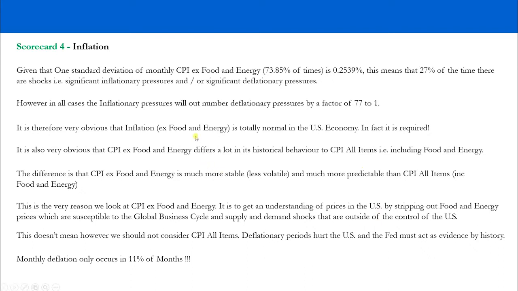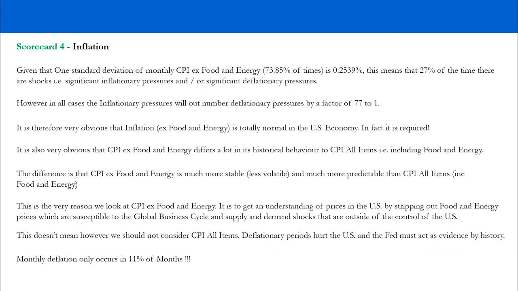These include significant inflationary pressures and or significant deflationary pressures. However, in all cases, the inflationary pressures are going to outnumber deflation by a factor of 77 to 1, which is a huge skewness towards the upside, towards positive data.